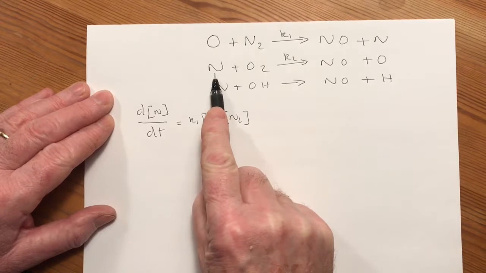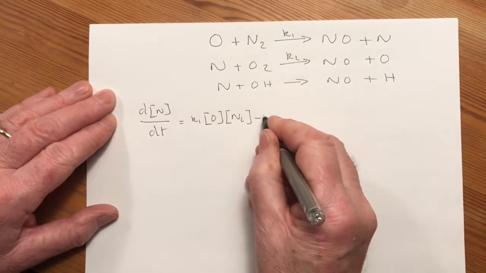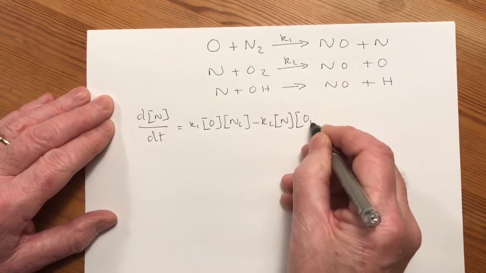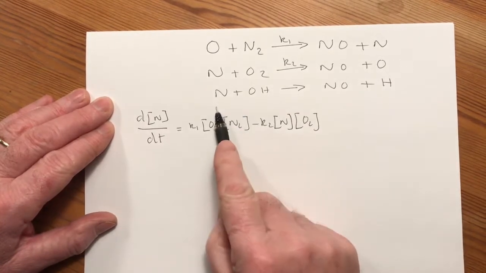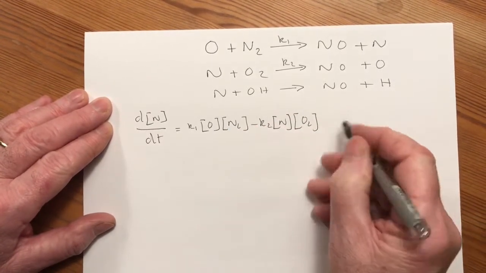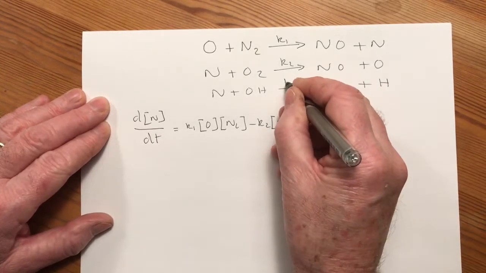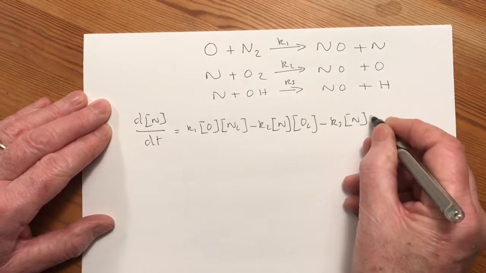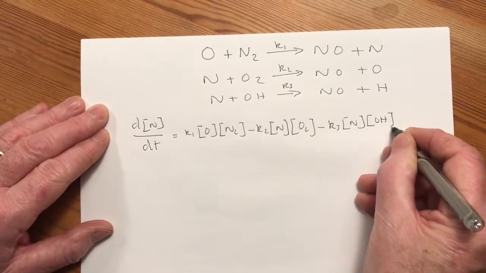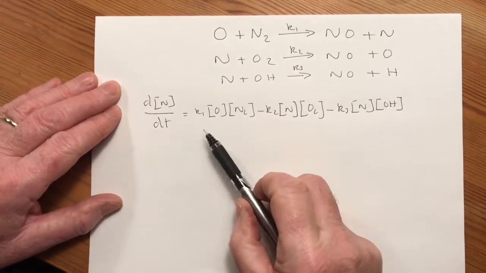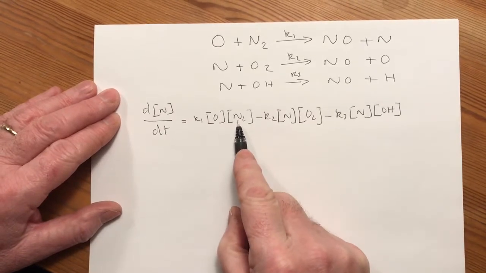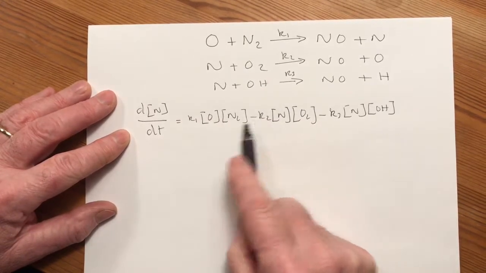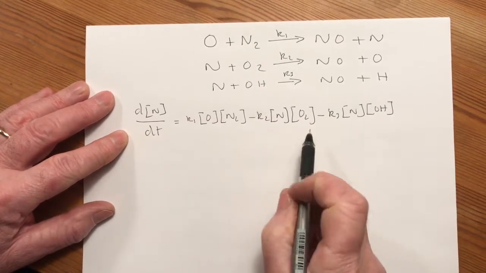Now in the second reaction we're reducing the amount of N, so this becomes minus K2 N multiplied by O2. And then the last reaction, again we're reducing N, so this becomes minus K3 by N multiplied by OH. So we could continue on taking all the other components, O2 and so on. I think you can see the principle.